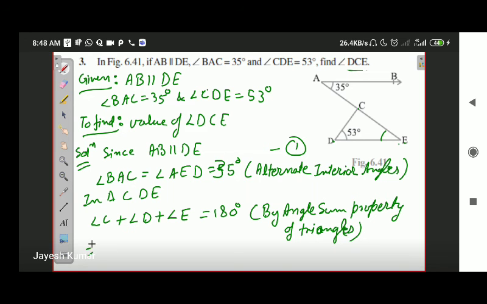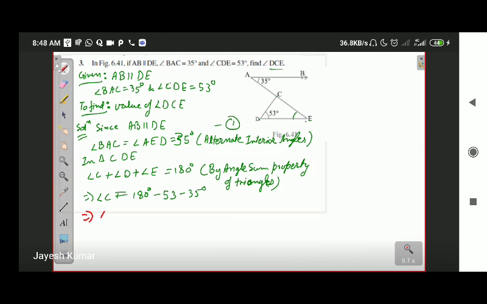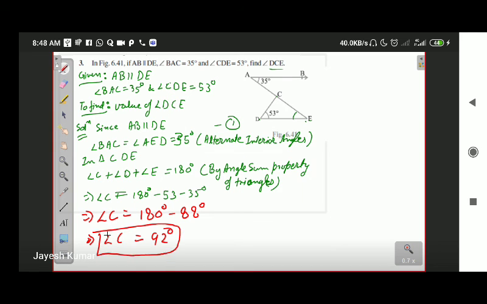So angle C will be equal to 180 degrees minus the value of angle D, which is 53 degrees, and the value of angle E, which is 35 degrees. So angle C will be 180 degrees minus 88 degrees. Angle C will be equal to 92 degrees.